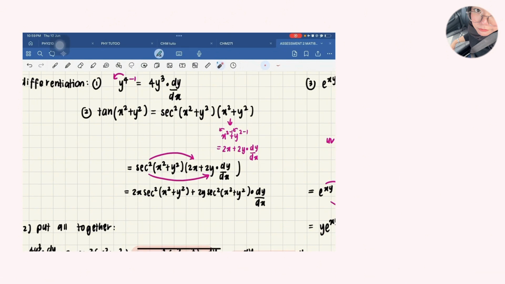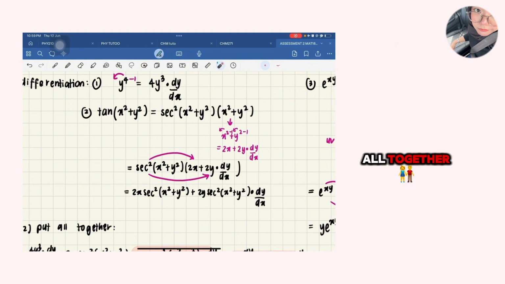The first term is tangent of x squared plus y squared. The derivative of tangent is secant squared, so we say secant squared of the quantity x squared plus y squared times the derivative of x squared plus y squared. Now the derivative of x squared plus y squared is going to be 2x plus 2y times dy/dx.